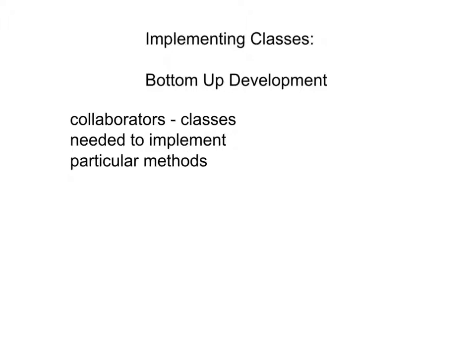That'd be bottom-up development. And once each of the independent classes is working, classes that depend on one another are implemented and tested. So oftentimes this doesn't work together right away, so then that's where the testing really becomes important.